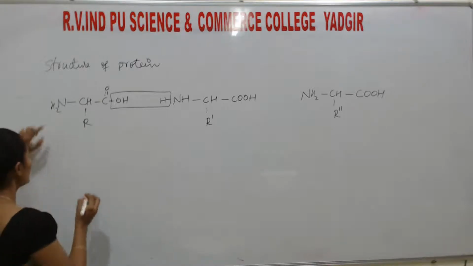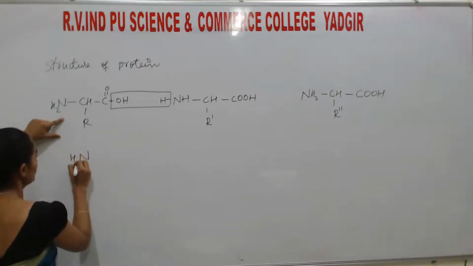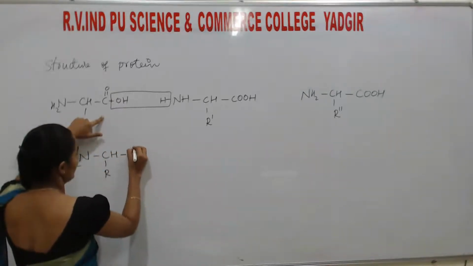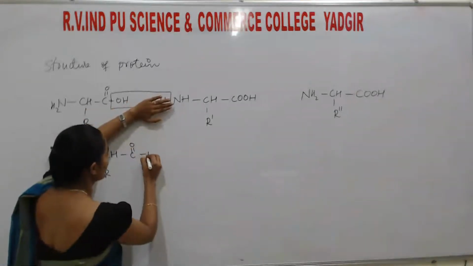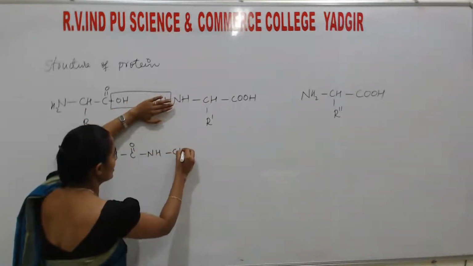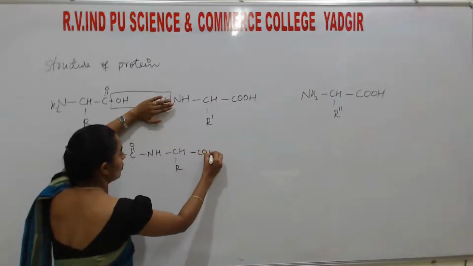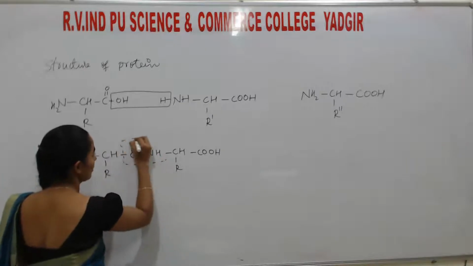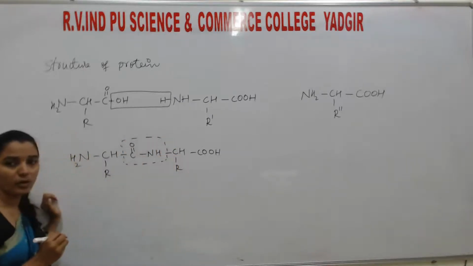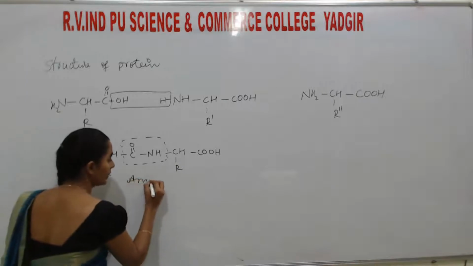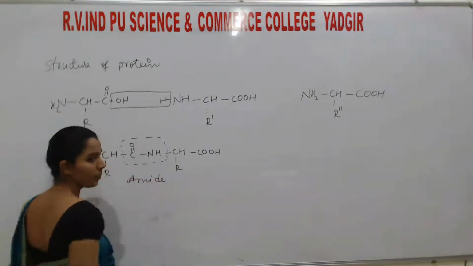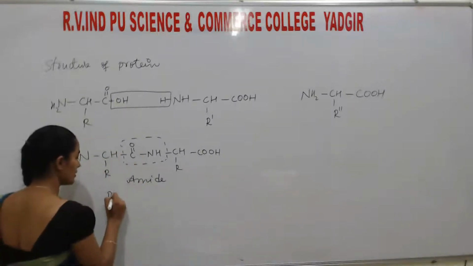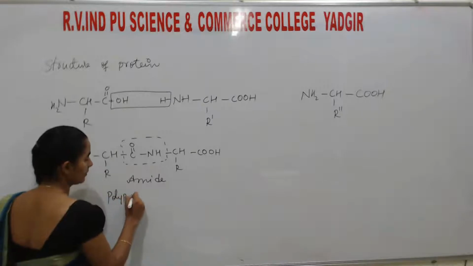Then H2O is removed, and they form this bond, C double bond O, NH. This is an amide functional group. C double bond O NH is an amide functional group, and this bond is called a polypeptide bond.